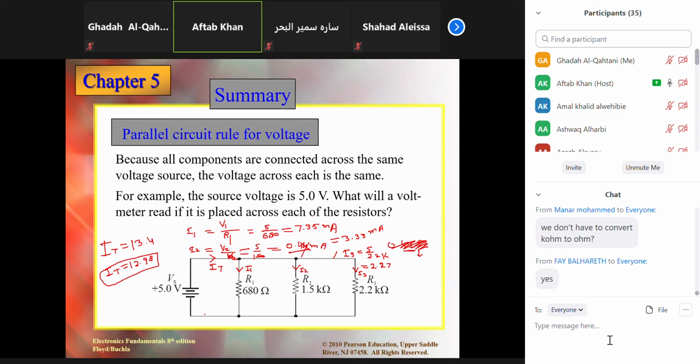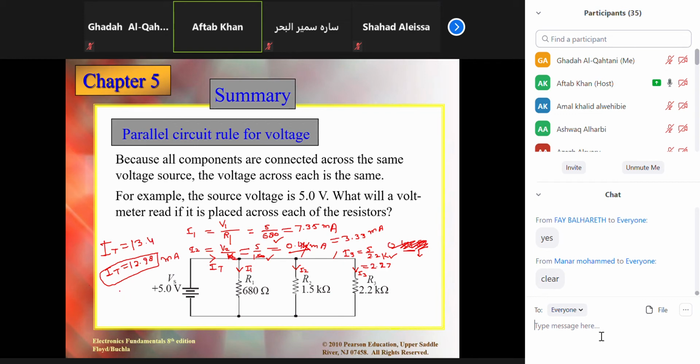When you get it, this is going to be almost 12.98 milliamps. Is it clear, Manar? We already converted; this is in ohm, this one we put in kilo. So you can convert it or check accordingly. So we get I total.